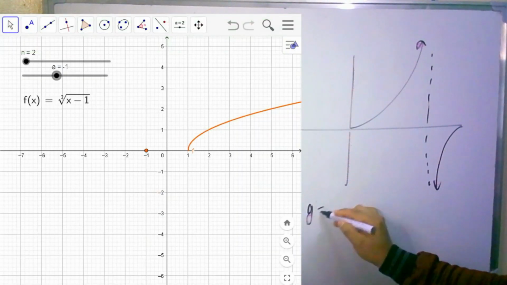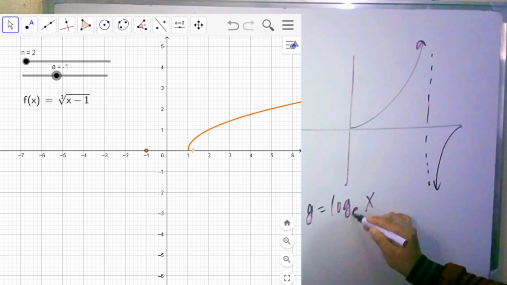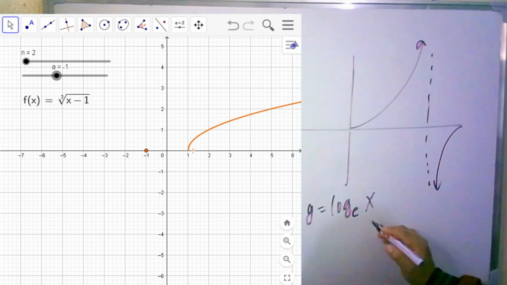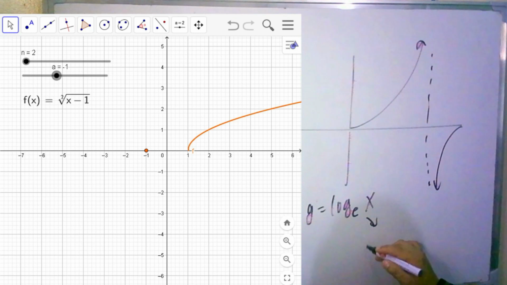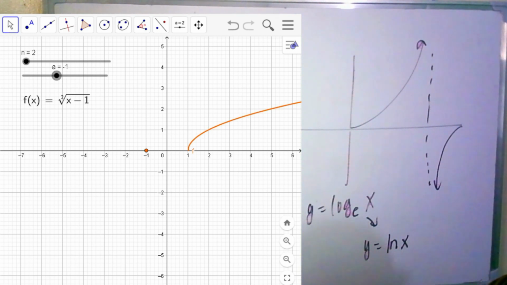Parehas ito, log x, tapos ang base natin ay e. Another way of writing, the more common way of writing this, is ln x. So, parehas lang yung ibig sabihin doon. This is a logarithmic function na nakafix na e ang kaniyang base. Pag 10, we call that common logarithm. So basically, the same lang yung information natin dito.